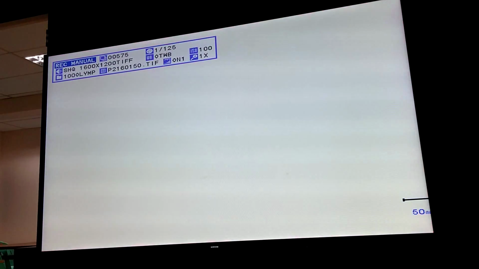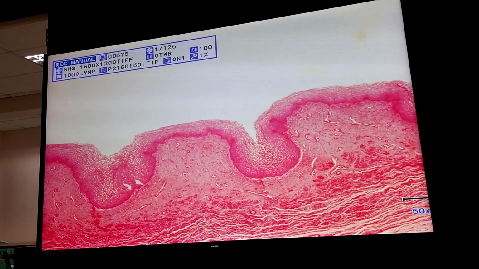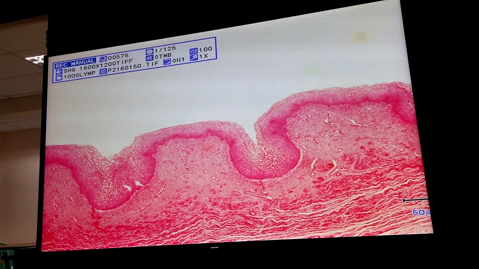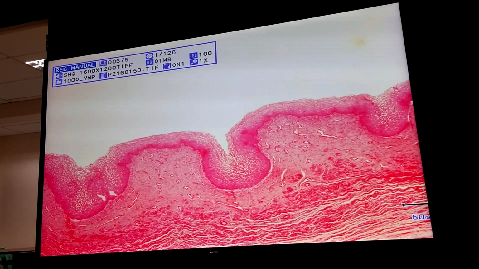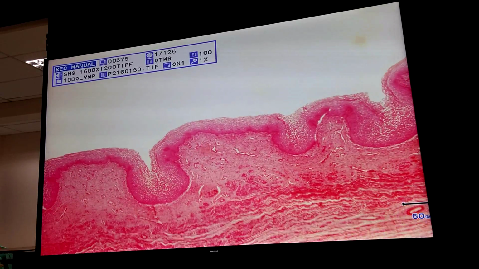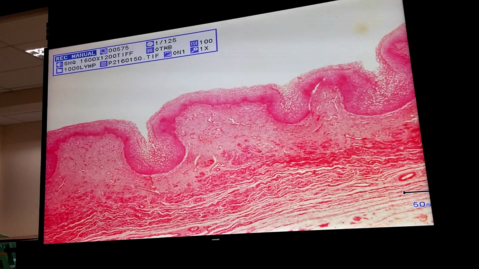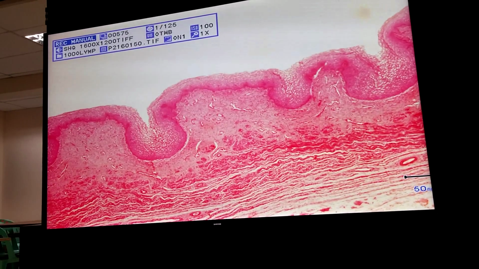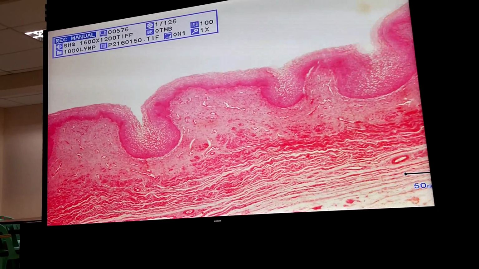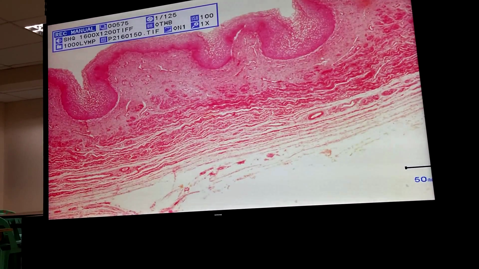Last slide is the vagina, which is also lined by stratified, squamous, and keratinizing epithelium. And then the connective tissue underneath the epithelium is specifically called what? Lamina propria. And then after the lamina propria is the muscular layer.